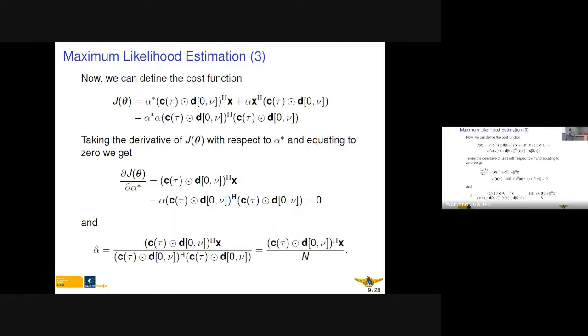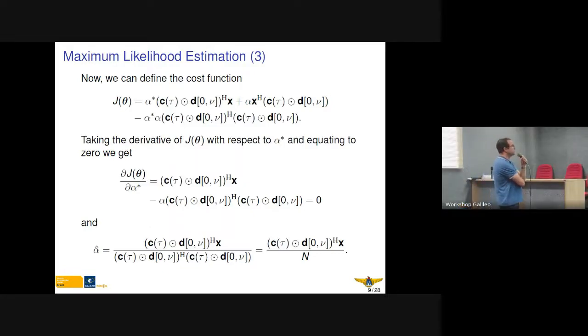When we reformulate the denominator, if you remember that c Hermitian times c is equivalent to n, and d Hermitian times d is 1, that's why we get only n in the denominator. And in the numerator, we have c Hadamard d Hermitian x. So what you can see is that the cross correlation between x and the model that we use, divided by n, provides us an estimate of alpha.